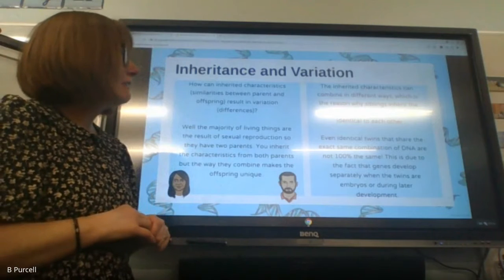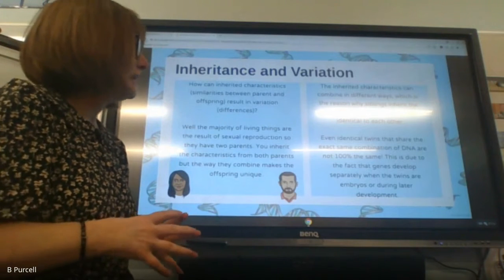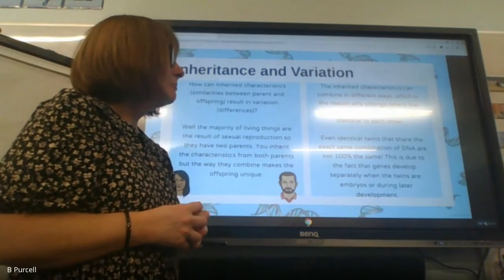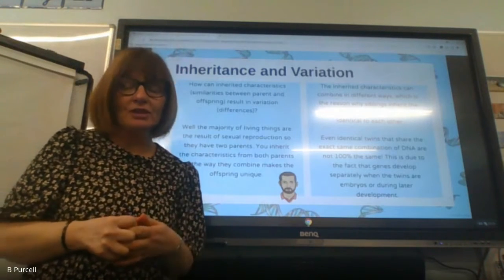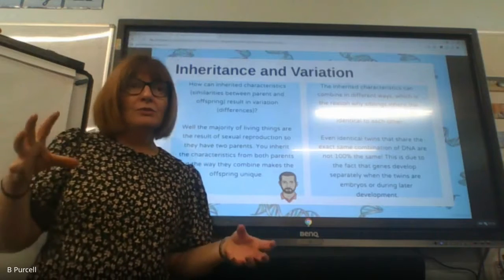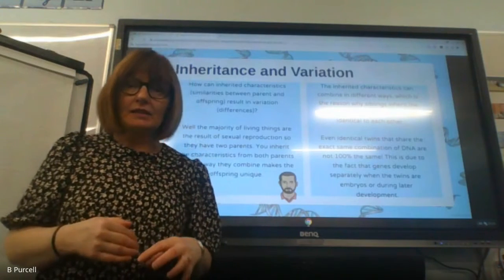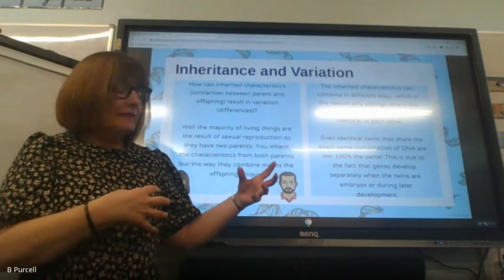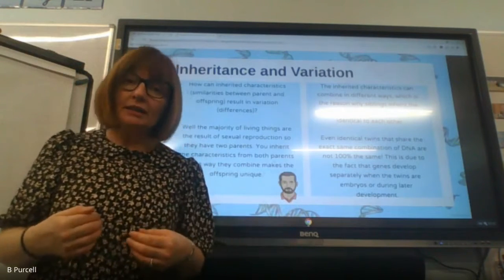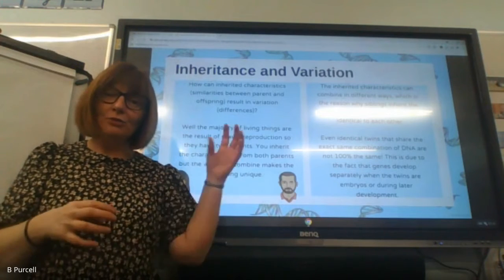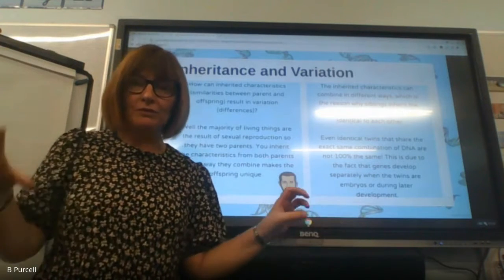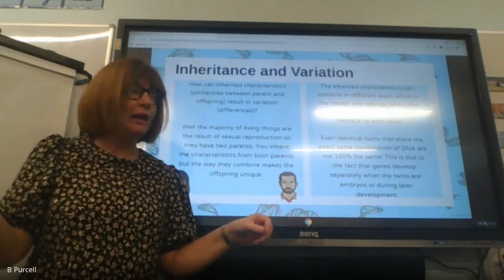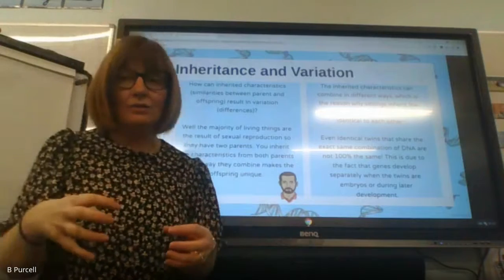The inherited characteristics can combine in different ways, which is the reason why siblings inherit the same characteristics but are not identical to each other. So you have siblings, brothers and sisters, and you have the same parents, but you might look different. One of you might have dark hair, one of you might have blonde hair, one of you might have green eyes, one of you might have brown eyes. So you're not identical to each other.